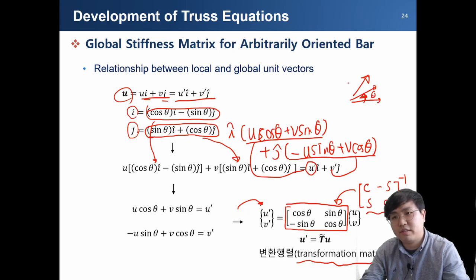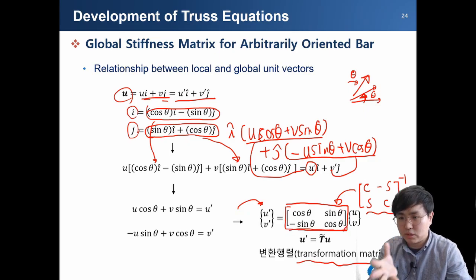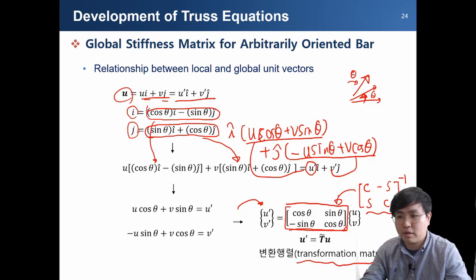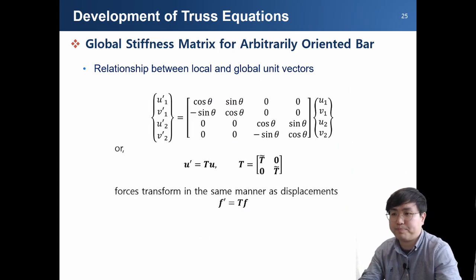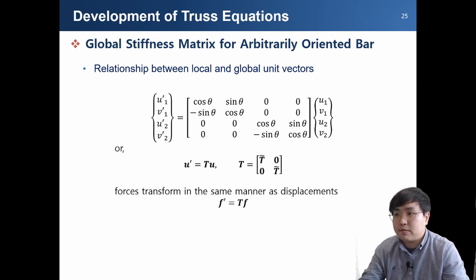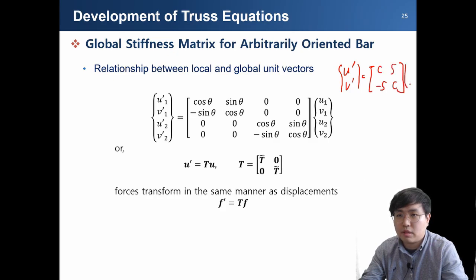However, they feel the negative rotational direction, so here we obtain this quantity in the transformation matrix. So anyway, we obtain u prime and v prime equal to cosine, sine, minus sine and cosine times u and v.